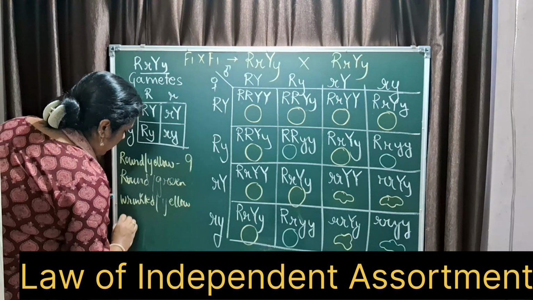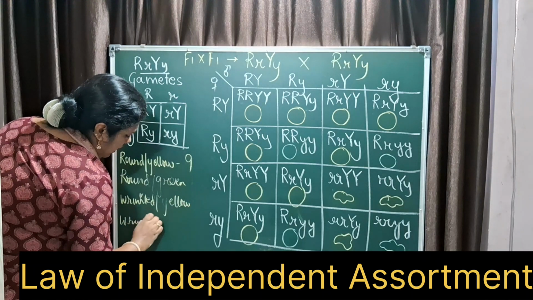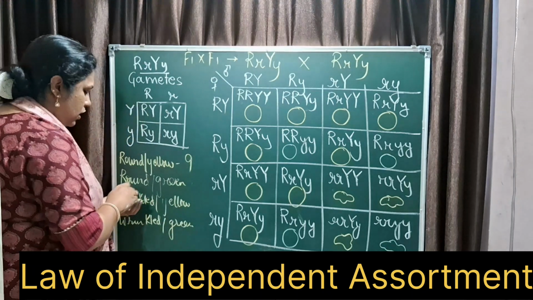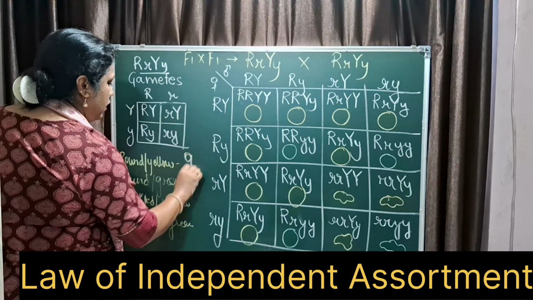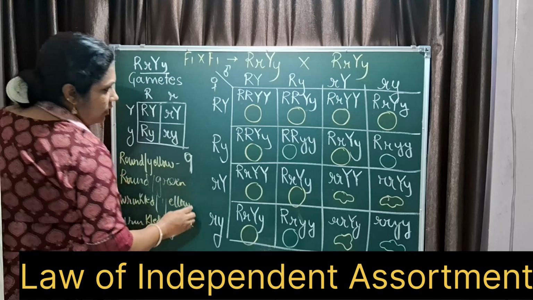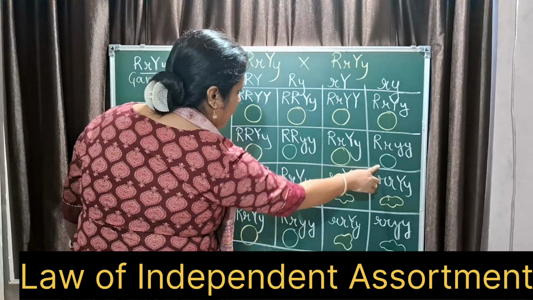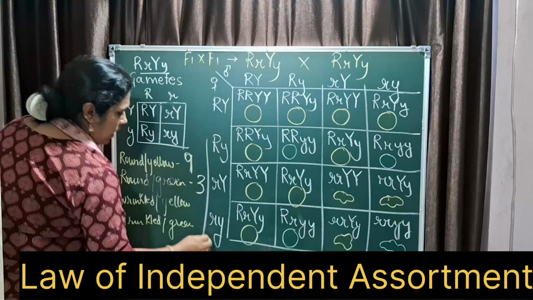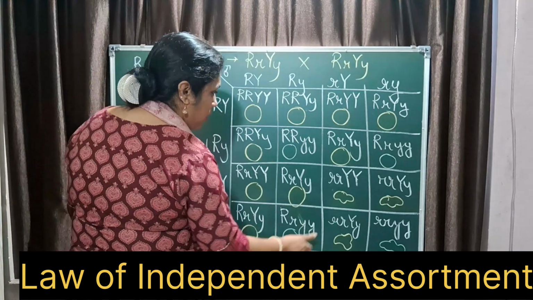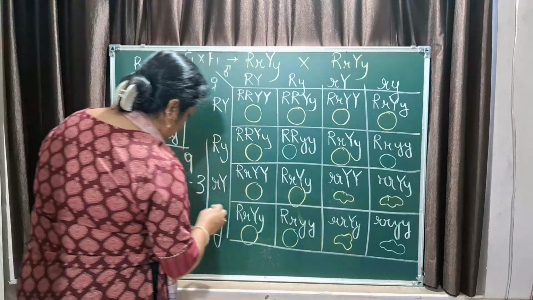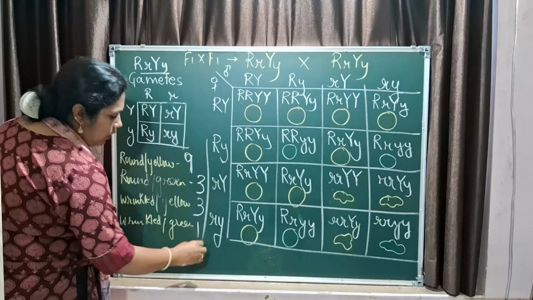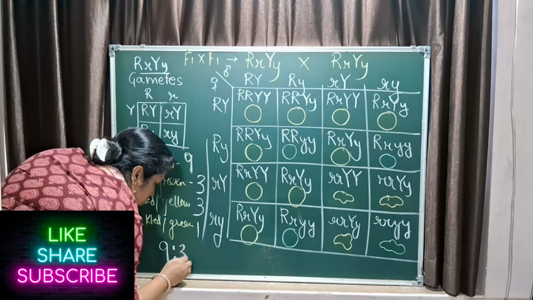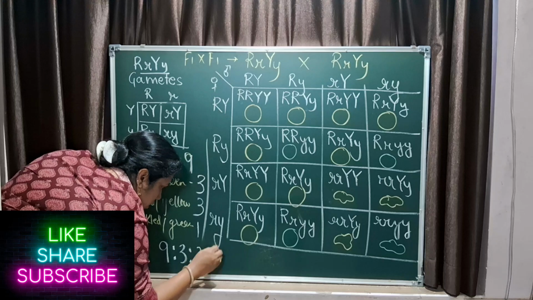And how many wrinkled and green? Correct. So how many round and yellow? You have got 9. How many round and green? Round and green, 1, 2, 3. How many wrinkled and yellow? Wrinkled 1, 2, 3. And how many wrinkled and green? 1.